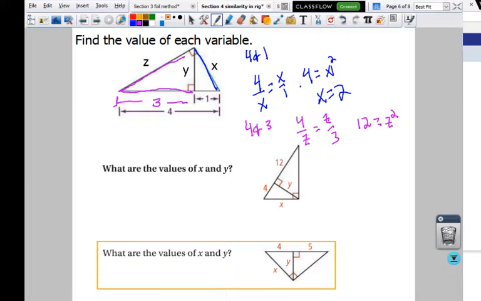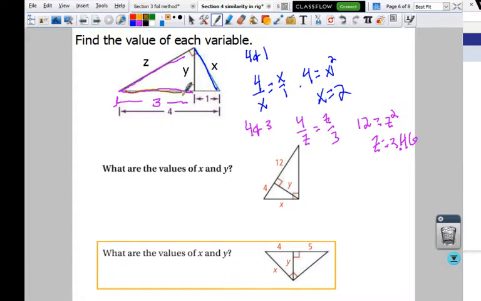The square root of 12 is 3.46. So z equals 3.46. To find my altitude, I just take the left side and the right side. We can do a different color.